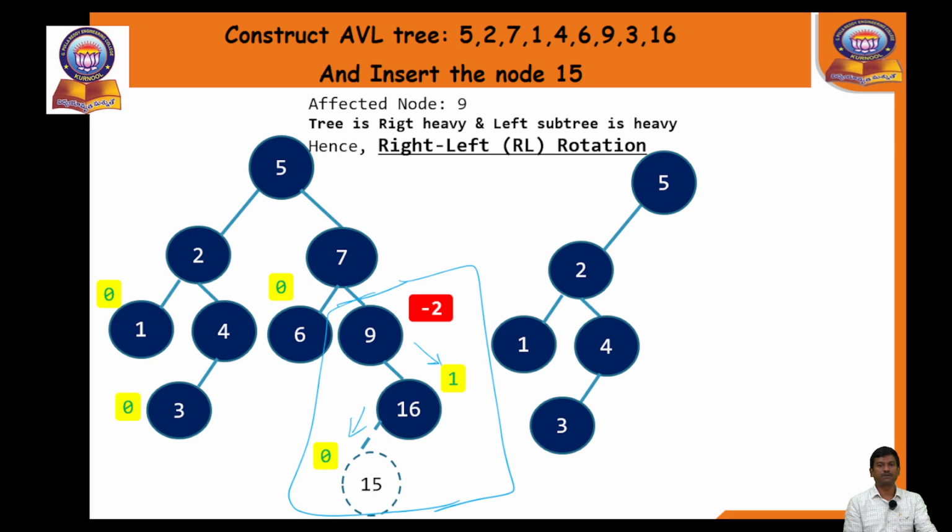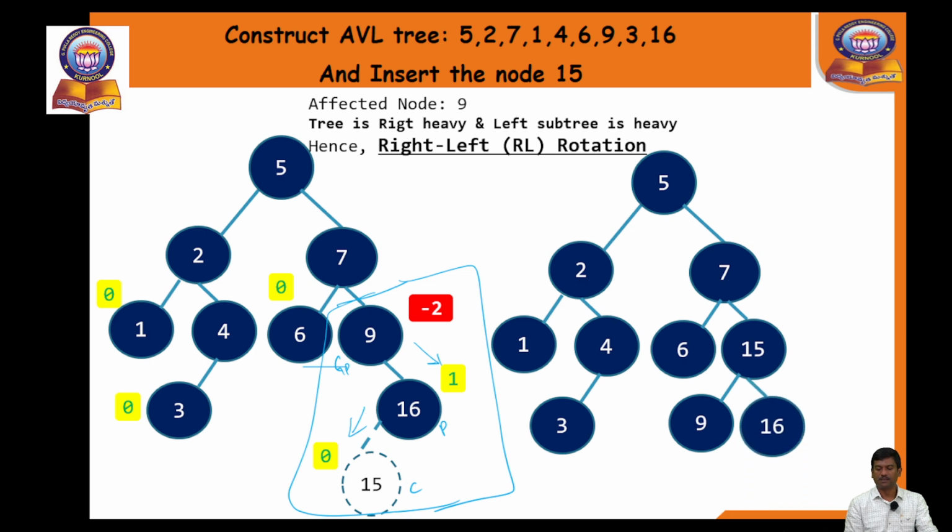So based upon your RL rotation, this becomes the GP, and this becomes the P, and this becomes the C. That is, this is your GP, and similarly this is P, and this is the child. So among these, the root becomes 15, and to the left, GP is attached, that is node 9, whereas to the right, P is attached, that is node 16.